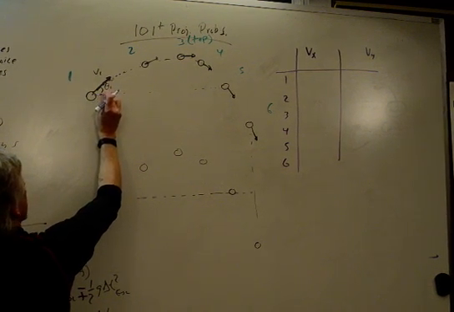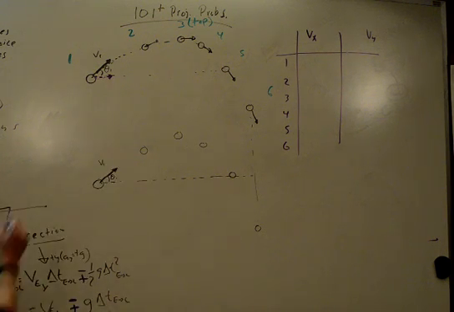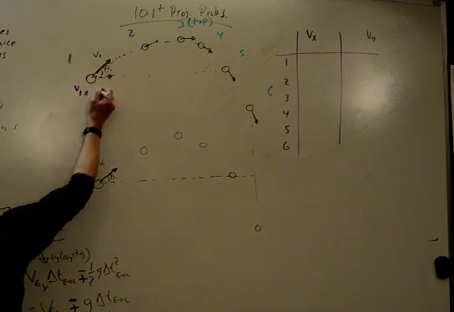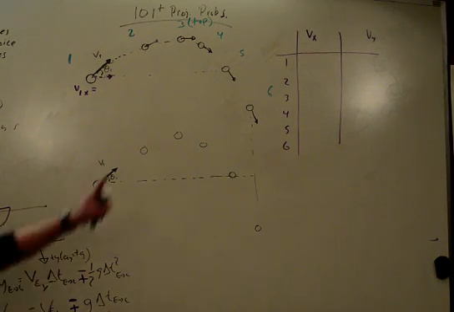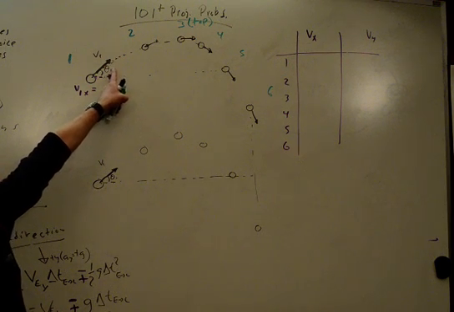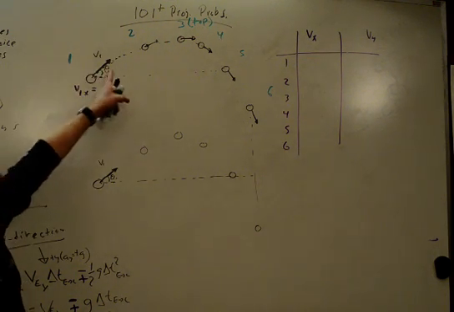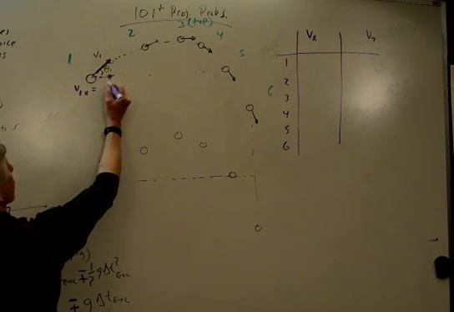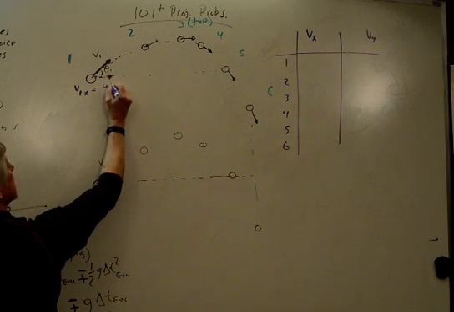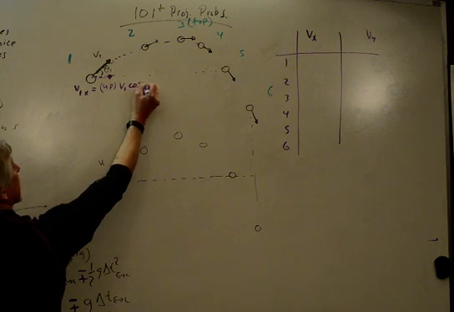I like to do dashed lines for components. So V1x is equal to, a lot of books and a lot of folks don't subscript the angle. I think that's a mistake. Just subscript everything. That angle is changing. So that's the angle with the horizontal at state 1, theta 1. So how much is it? Well, it's V1 cosine theta 1.